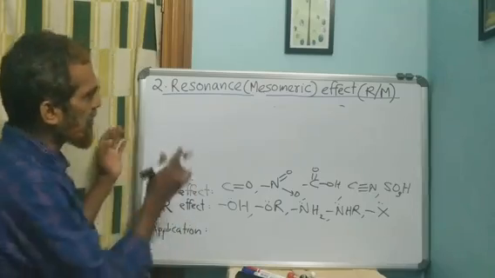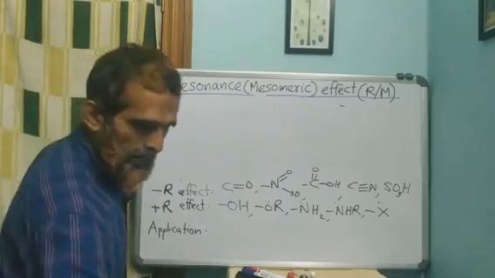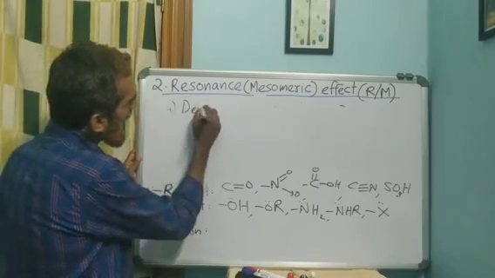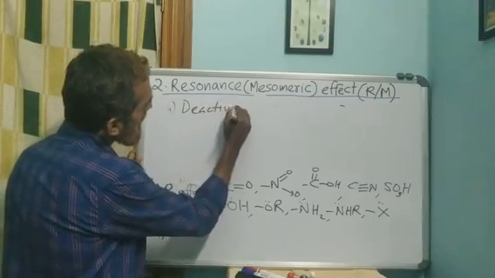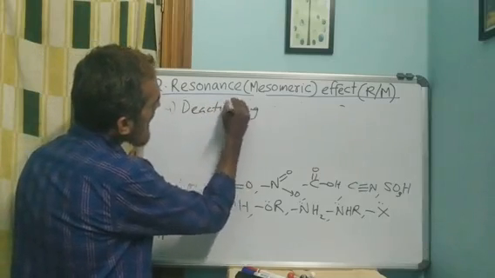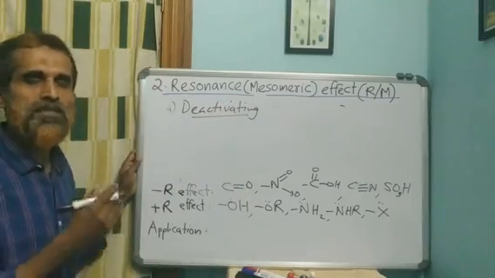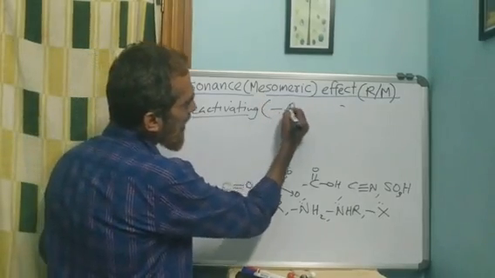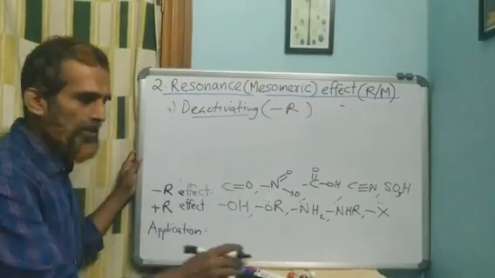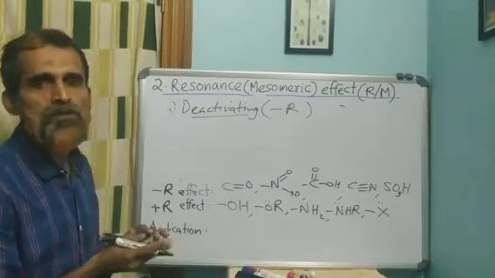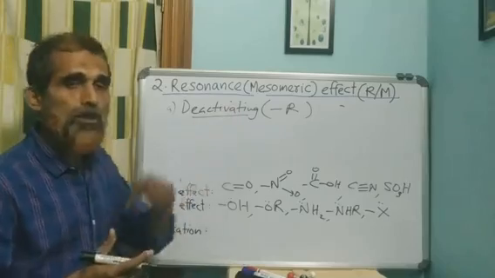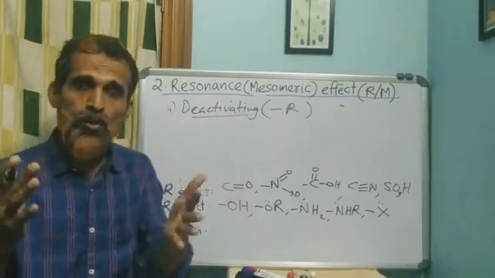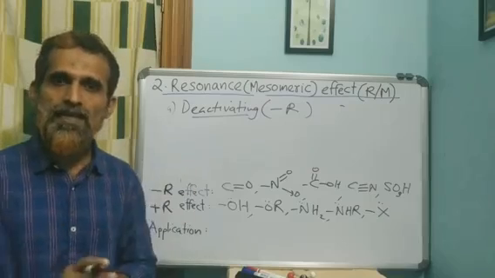Basically, there are two types of such effect. One is deactivating groups. Certain functional groups deactivate the benzene ring towards electrophilic substitution reactions. That is nothing but the minus R groups. Electron withdrawing resonance groups like these withdraw electrons away from the benzene ring, so what happens to the electron density of the ring? It decreases.